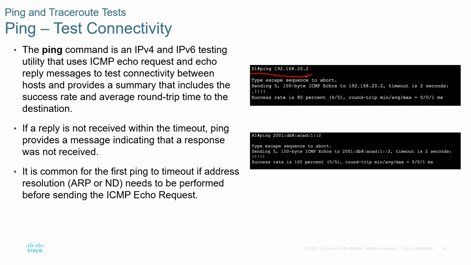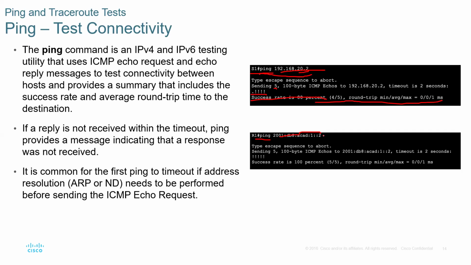So if the test is done on a router, it tells you the success rate and the failure rate, the number of packets that have been sent, how many have been received, and the success rate of the round trip. You can do it by just typing ping and a space, then the IP address if it is IP version 4. For IP version 6, you do ping, space, and then the IP version 6 address. So you get the same reply.